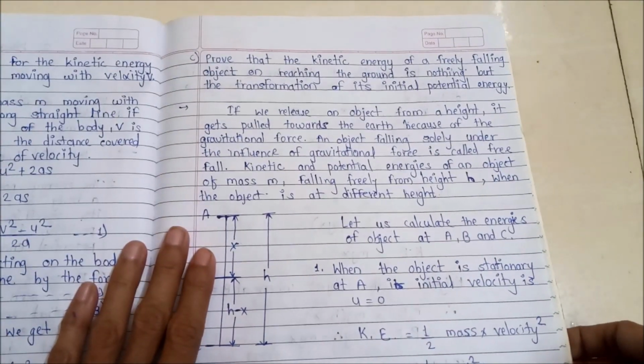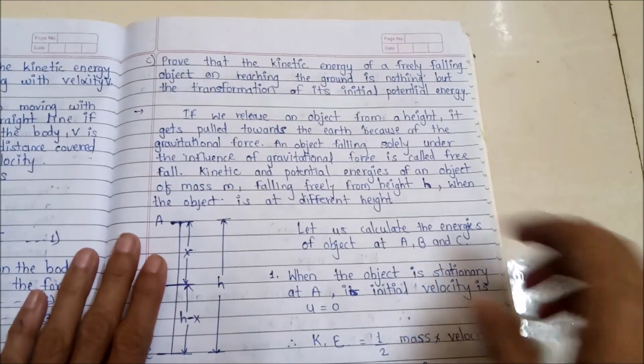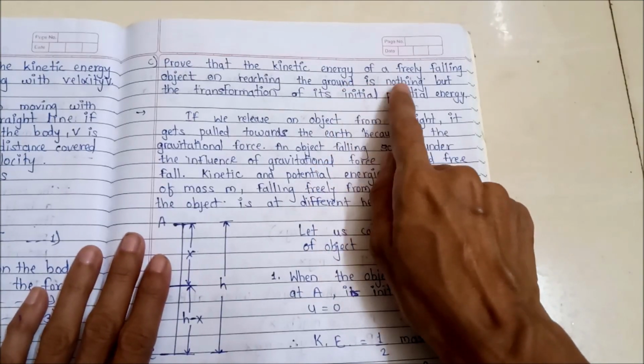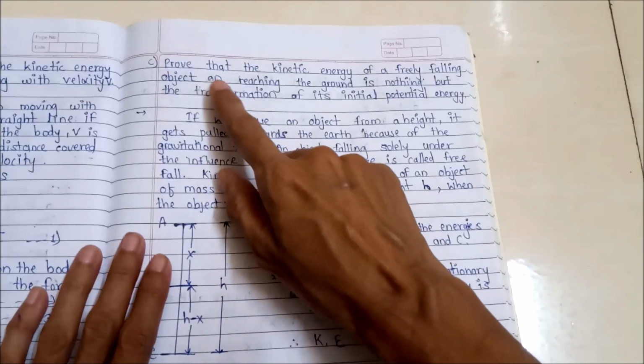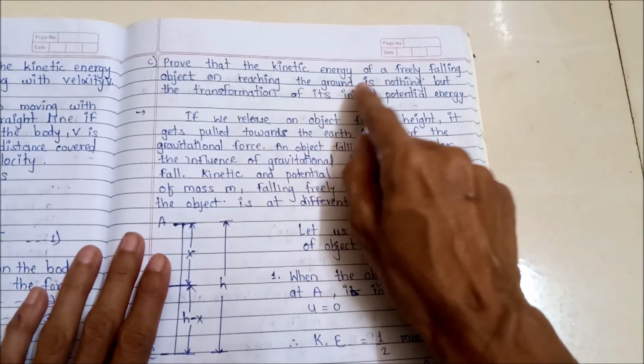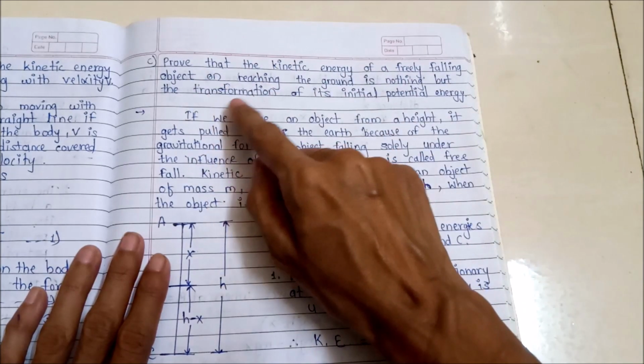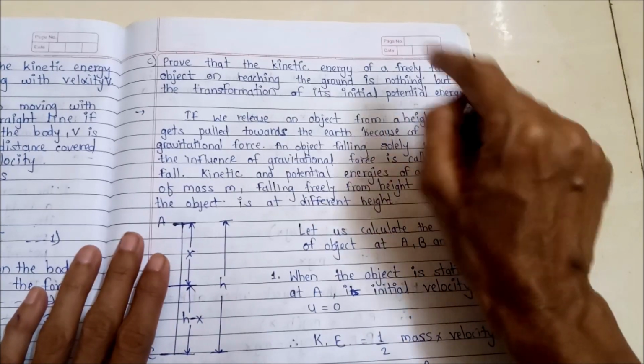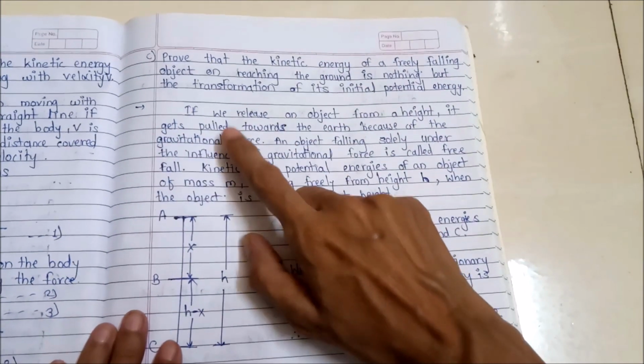C. Prove that the kinetic energy of a freely falling object on reaching the ground is nothing but transformation of its initial potential energy. Answer.